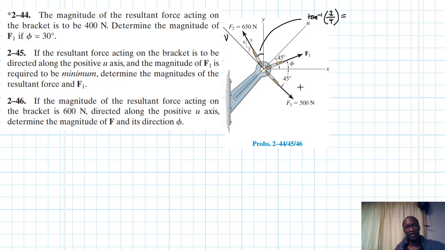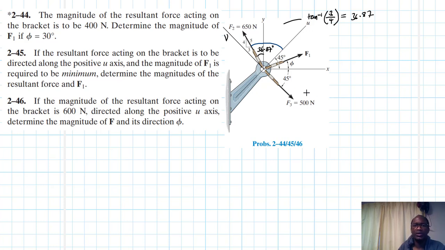So 3 divided by 4, then tan inverse of that gives 36.87 degrees. Let me write it down here: 36.87 degrees.